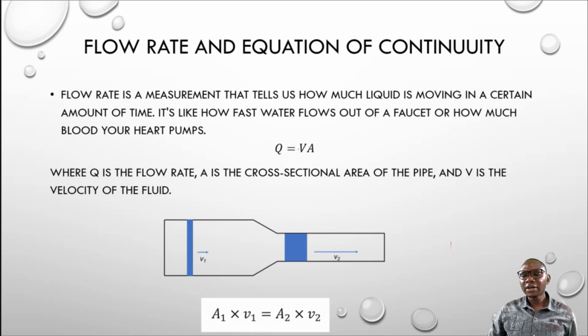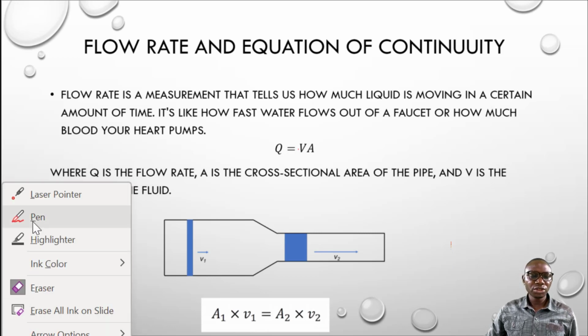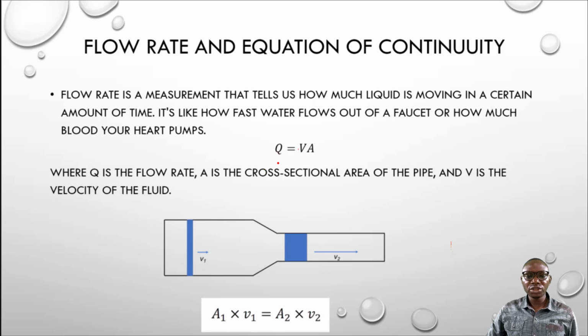The formula for calculating flow rate is shown on the screen. It is referred to as Q, which is flow rate, which is equal to the velocity at which the fluid is moving multiplied by the area, which is the cross-sectional area of the material through which the fluid is moving.